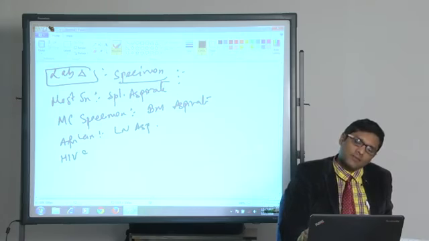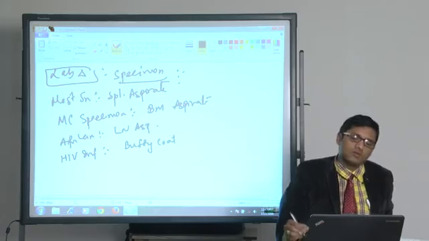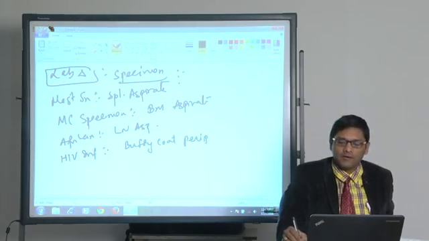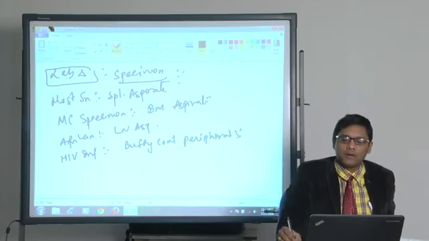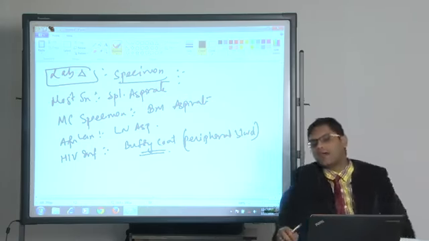Specimen in HIV infected people: they say that peripheral blood is the specimen of choice, but you have to centrifuge it and the buffy coat area is examined.